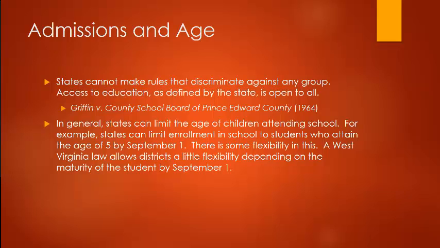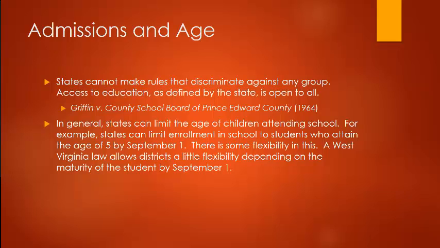For example, states can impose these laws that say a child has to be 5 by September 1st, or we cannot allow this child in. And for the most part, those rules are pretty well maintained.